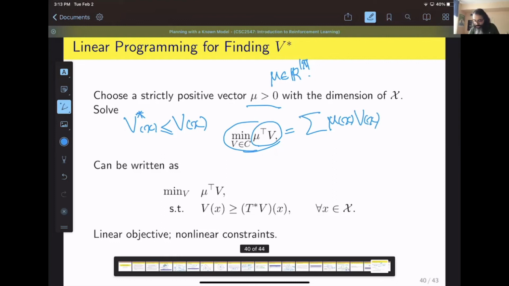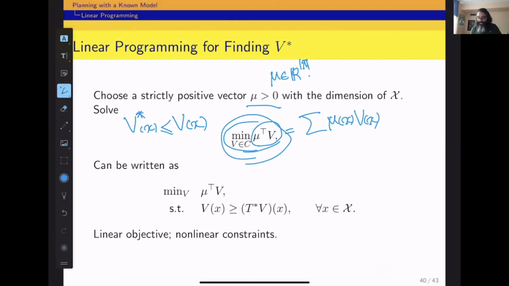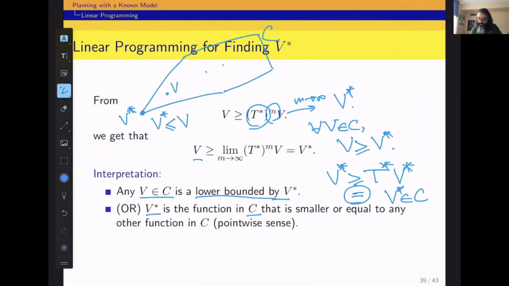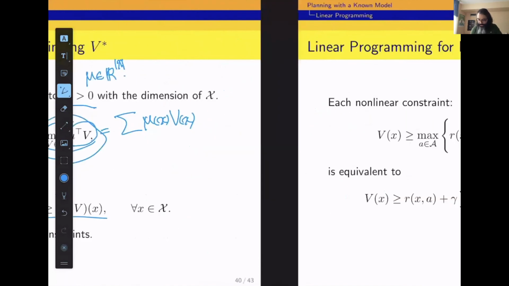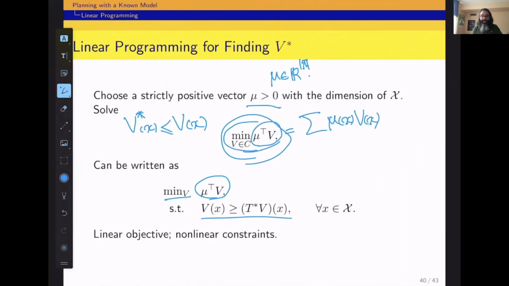But essentially, we find this constrained optimization, which if we expand it, we want to find a minimum v such that the objective is minimized and the constraints from the previous slide, this constraint of belonging to C, are satisfied. So we want v to be greater or equal than T star v for all states x.